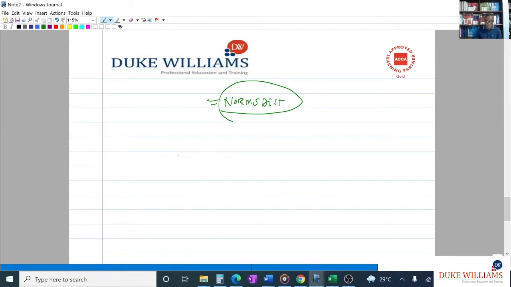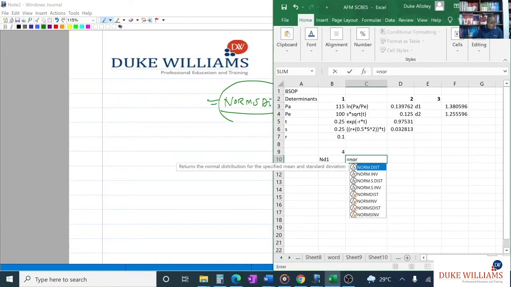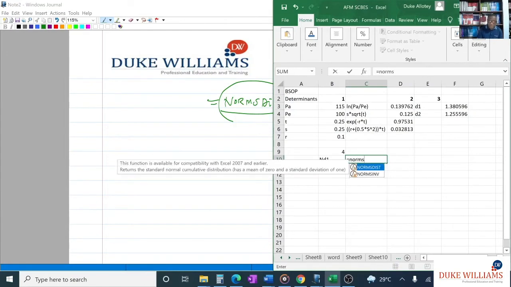I'm not sure if there's an error in the publication where I don't see the S coming out. I'll just confirm. So you have this norm S dist. So let's do that. So norm S dist of the figure, so equal to norm S dist.